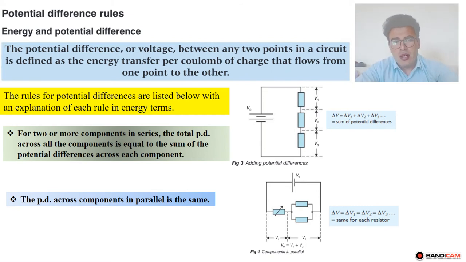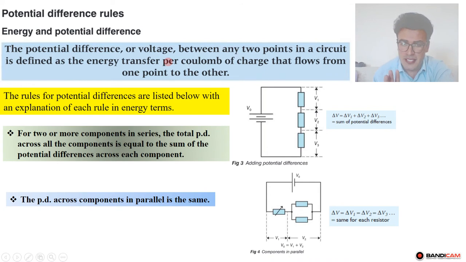Dear student, if you remember, we said that the potential difference is the energy transfer per unit of charge. The potential difference, or voltage, between any two points in a circuit is defined as the energy transfer per coulomb, or per charge, that flows from one point to another.